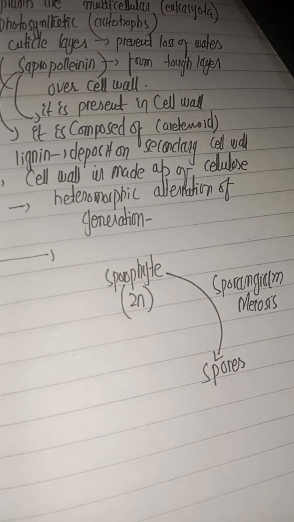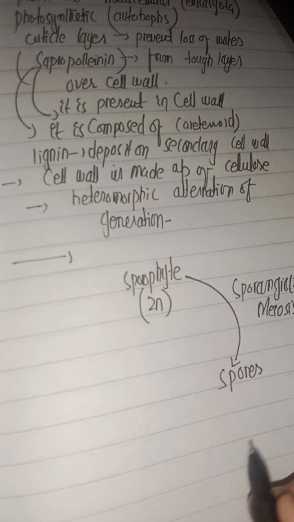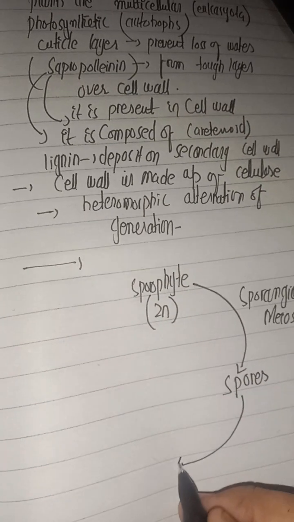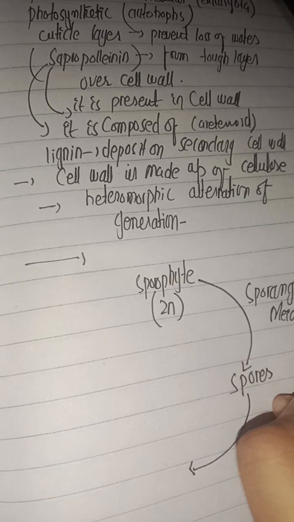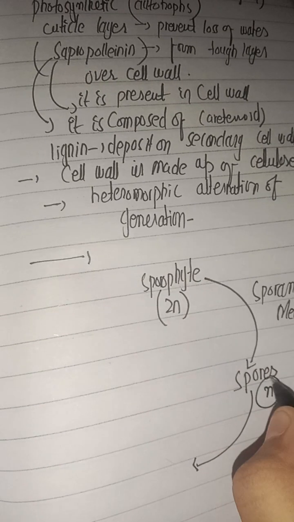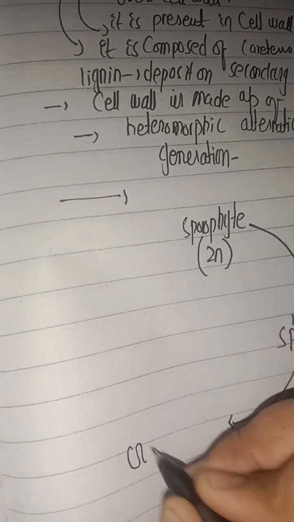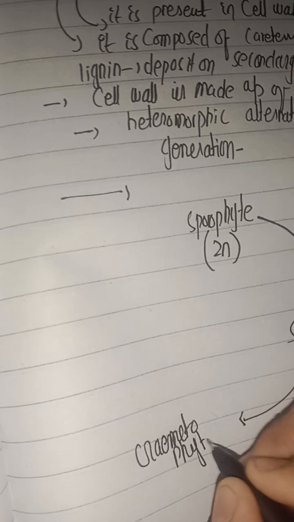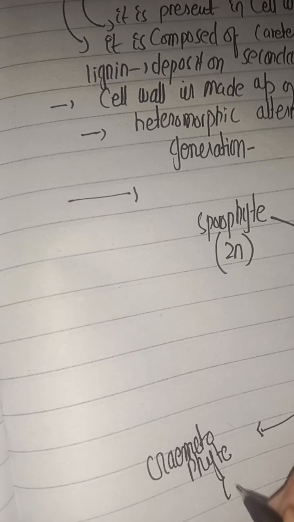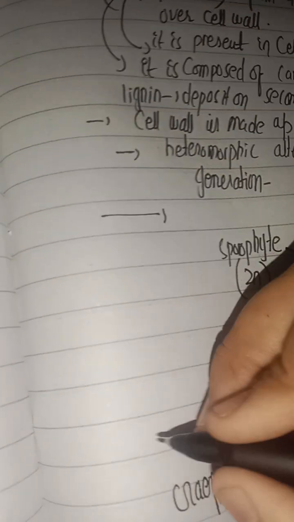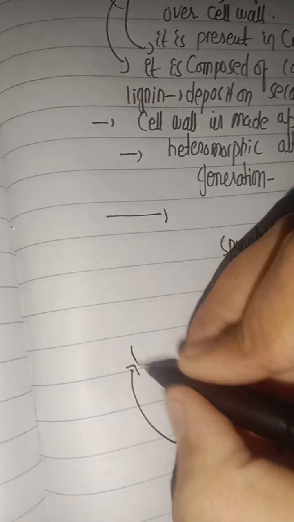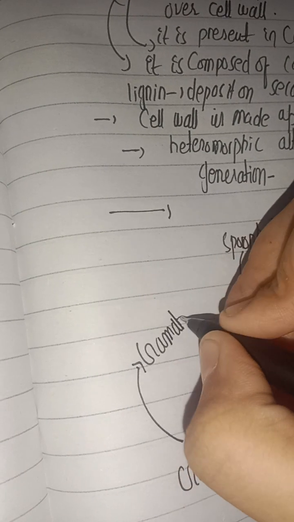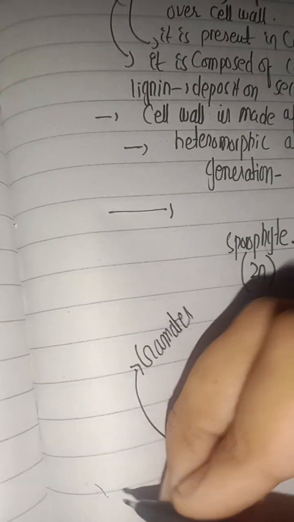Now these spores, which are n number, will be converted into the gametophyte. The gametophyte is n number, and it will form gametes by gametangia.